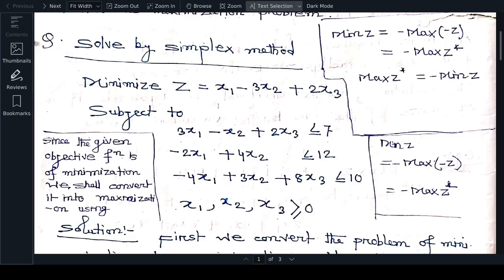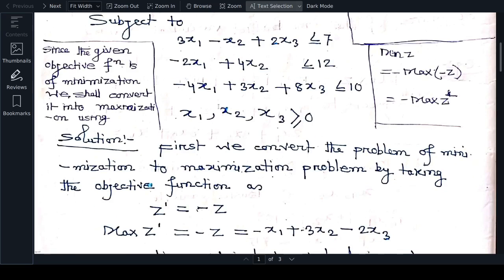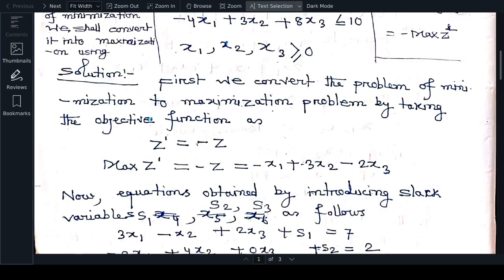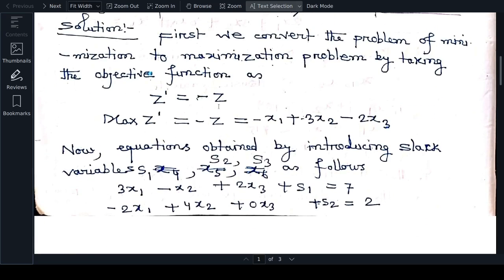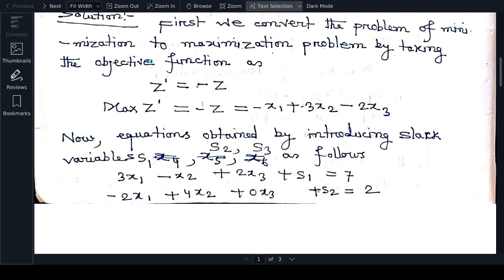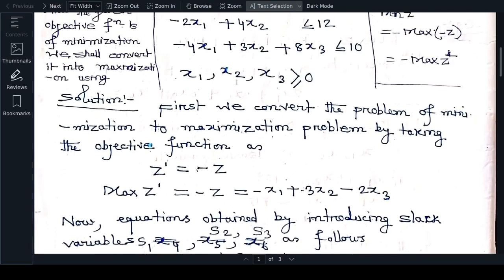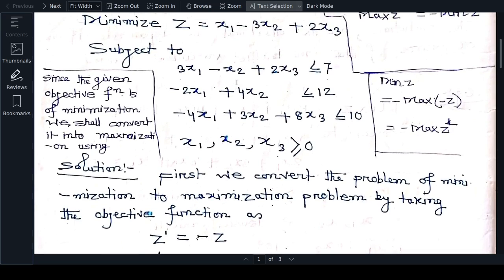So our aim is what? We shall convert this minimization problem into a maximization problem, because in the note I have given, if the problem is of minimization, then convert it into the maximization problem.